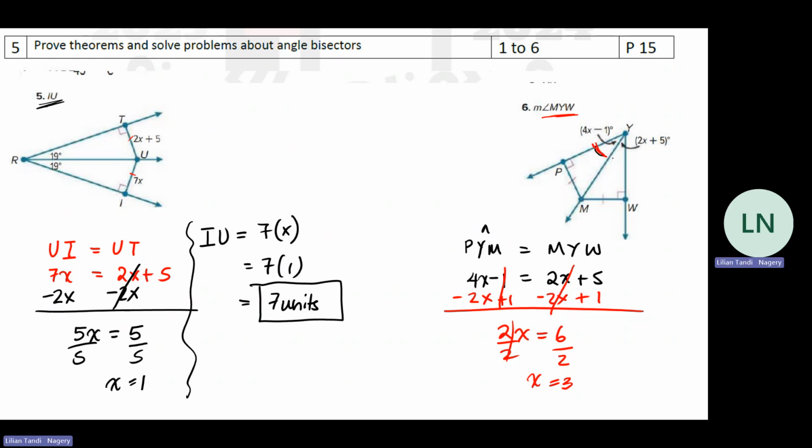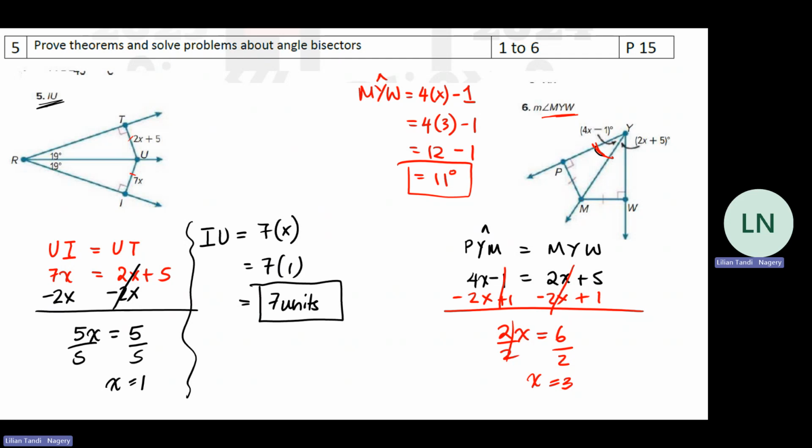I want this angle here. So angle MYW is 4x minus 1. 4 times 3 minus 1 is 12 minus 1, which is 11. And since it's an angle, it has to be degrees. And we box our answer. Okay?